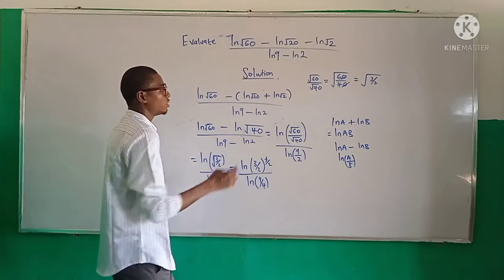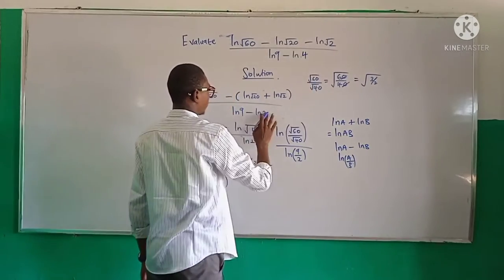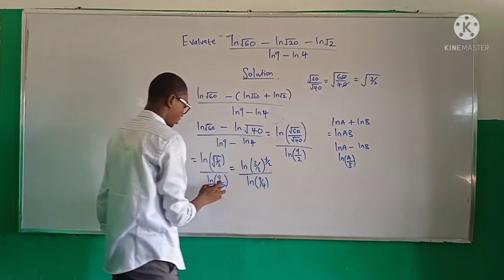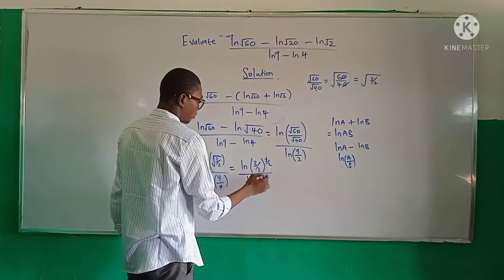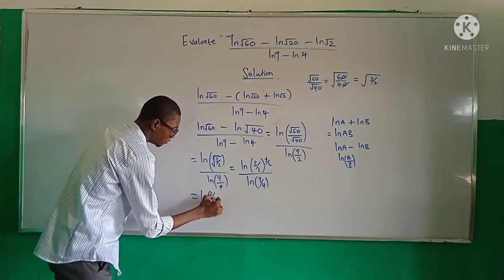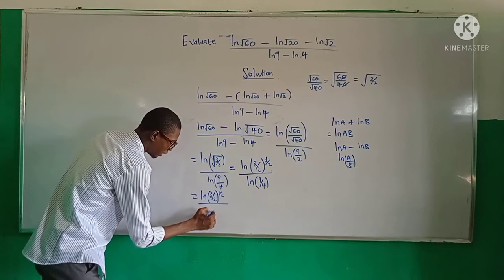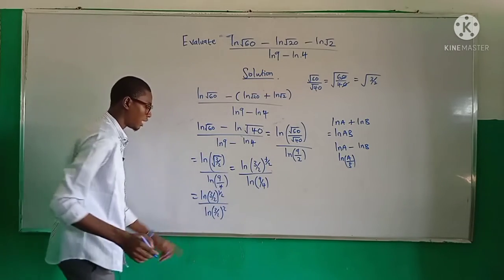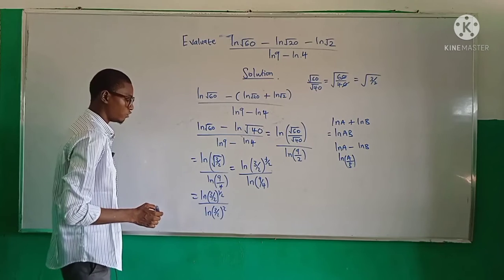I'm sorry, the denominator from the question is actually 4, so I'm sorry, this is 4. So you have ln of 3 over 2 to the power 1 over 2, divided by ln 9 over 4. You can rewrite 9 over 4 as 3 over 2 squared, because 3 squared gives 9, and 2 squared gives 4.